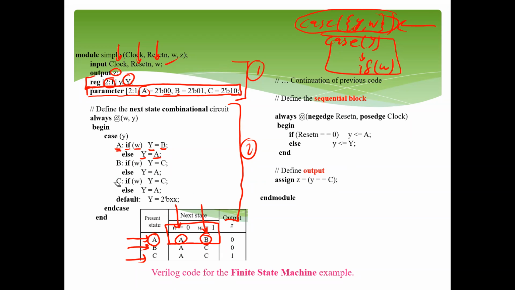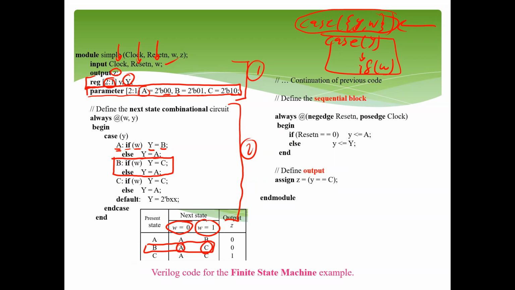Then case B, that means you are here. If W equal to 1, my next state is C. If W equal to 0, my next state is A. That's what we are writing here.